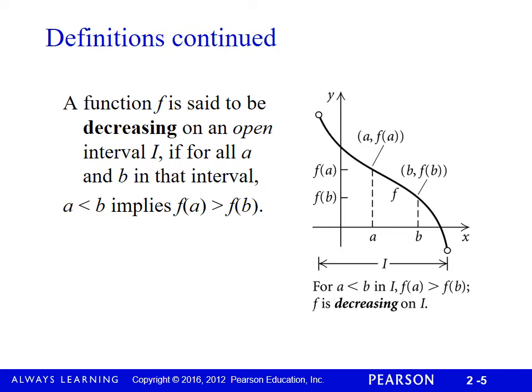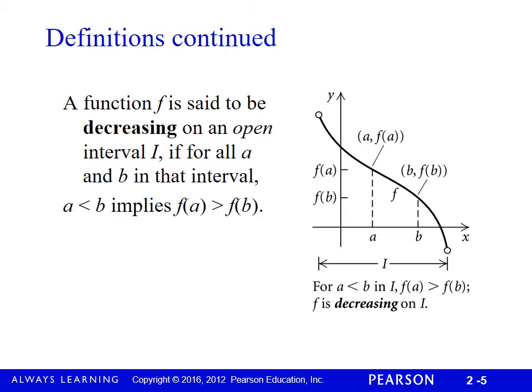And this is saying the same thing, but for decreasing. So we have the same function, open interval, and if a is less than b, on an open interval and it's decreasing, then f of a is going to be greater than f of b. And that makes sense, right?